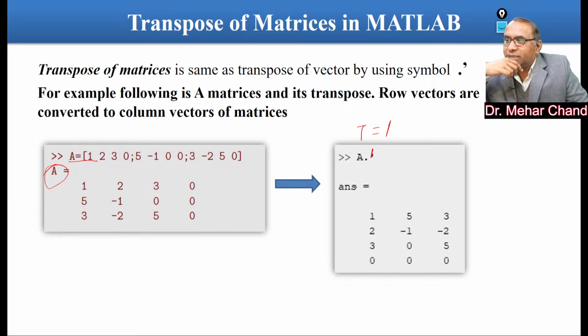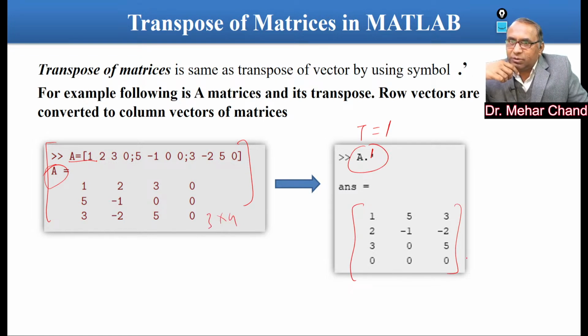So this will convert all the rows into columns. You can see this is the MATLAB script, and when you execute this statement, this will give this matrix. This matrix is of 3 by 4 order. This will be 4 by 3 order.